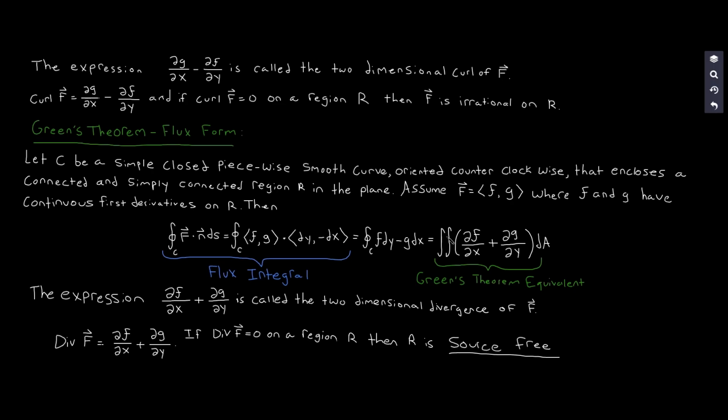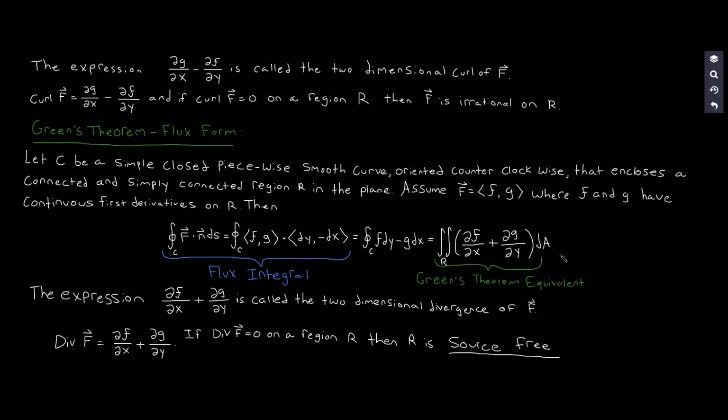And then this is the Green's theorem equivalent, which is supposed to have an r right here. Let me just write that in there. And that is the double integral over region R, and within the integrand we have the partial derivative of f with respect to x plus the partial derivative of g with respect to y.